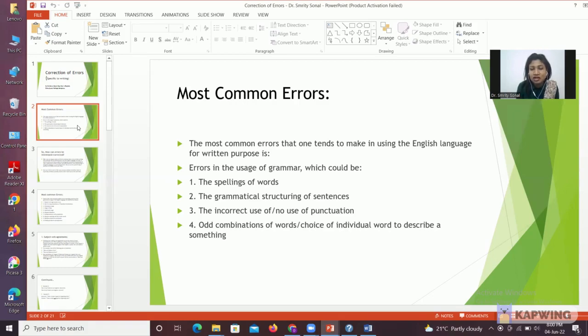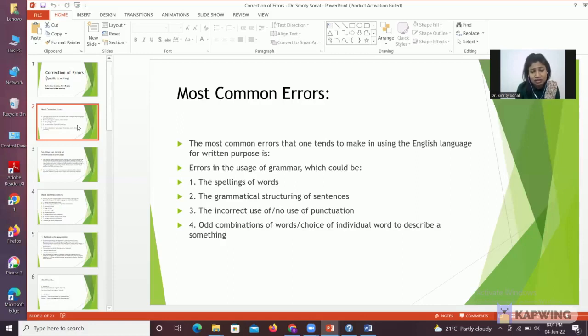It gives more clarity in its meaning. So use of punctuation becomes very important: where to take a pause, where to speed up, where to slow down. An incorrect use of punctuation can lead to various problems in the understanding of the one who is listening or reading.